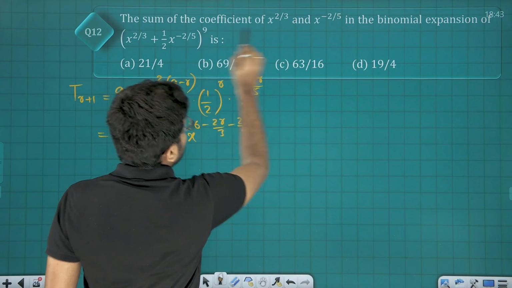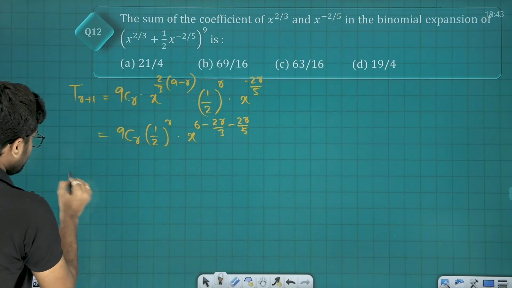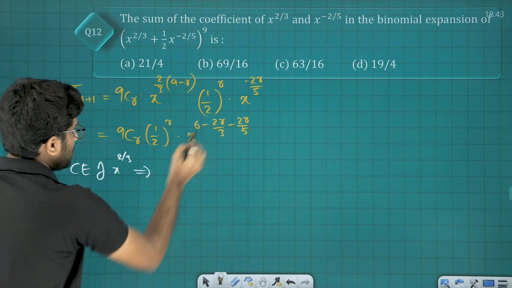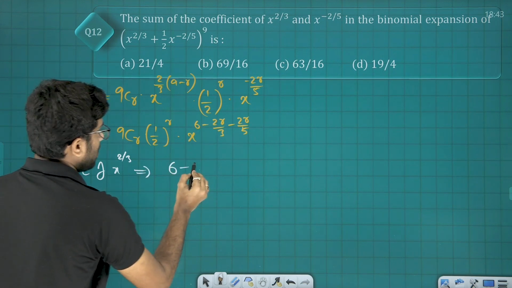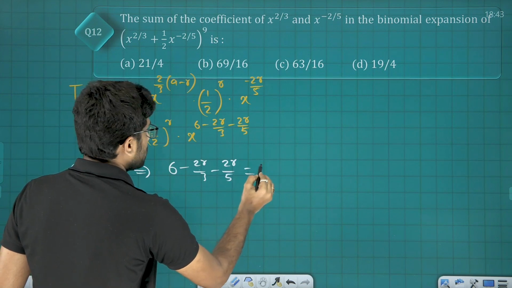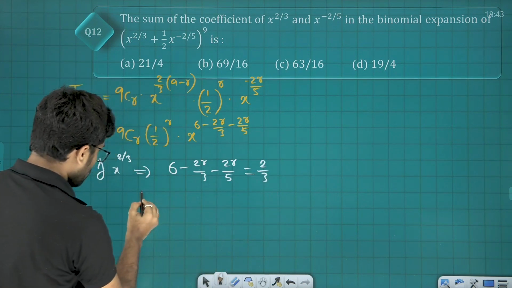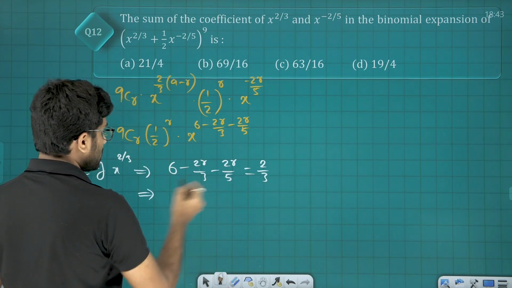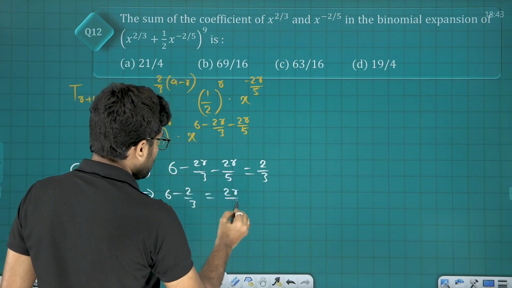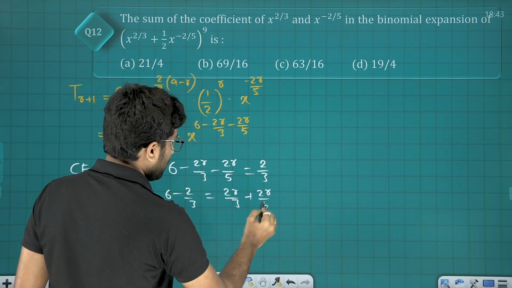Now to get the coefficient of x power 2 by 3, that means the exponent of x, 6 minus 2r by 3 minus 2r by 5, is equal to 2 by 3. So clearly 6 minus 2 by 3 is equal to 2r by 3 plus 2r by 5.